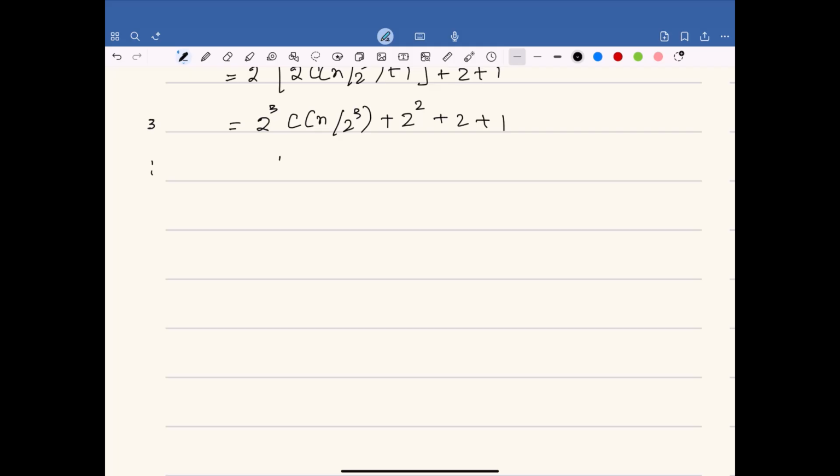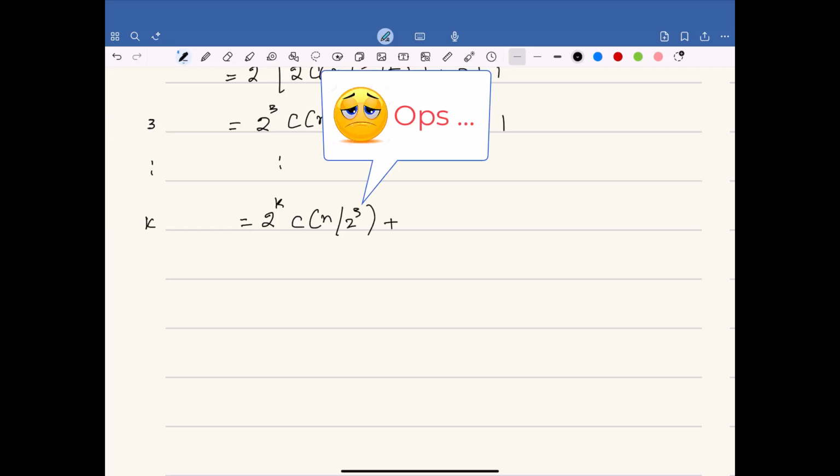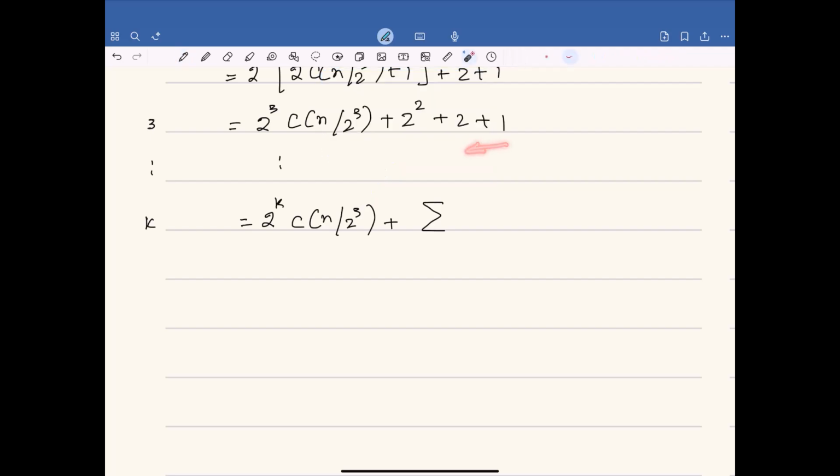Continuing the substitution, at step k, the equation is equal to 2^k C(n/2^k) plus a summation. If we take the summation from right to left, we have 2 raised to power j. Notice this one is 2 raised to power 0. And this j starts from 0, it goes up to k minus 1. Why?